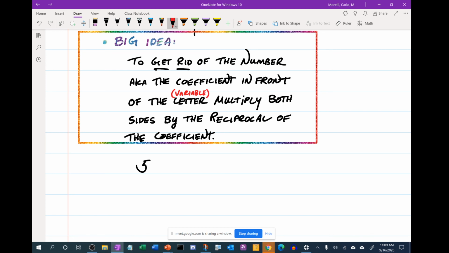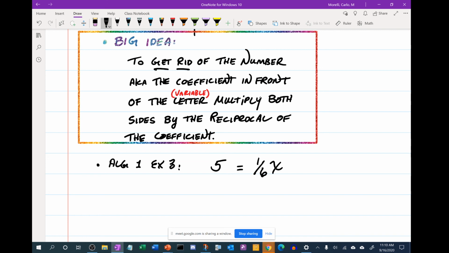Okay, here comes our next example. Algebra 1, example 3. 5 equals 1 over 6x. What is the coefficient of the variable? 1 over 6.